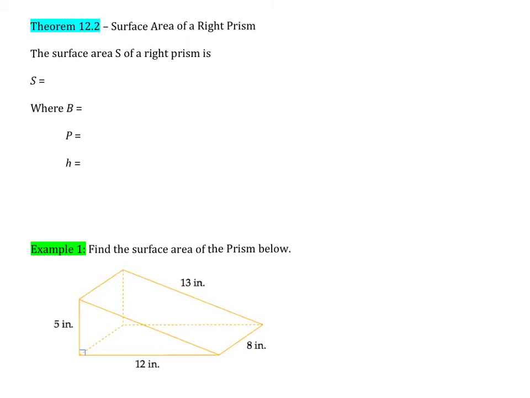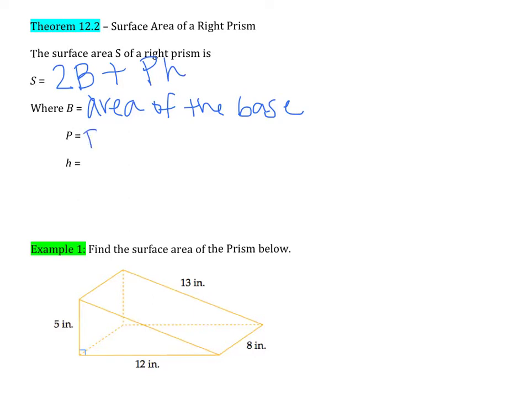So the surface area of a right prism is represented by the letter S, and it is going to be 2 times B, where B is the area of the base, plus P times H, where capital P is the perimeter of the base, and H is the height of our prism.